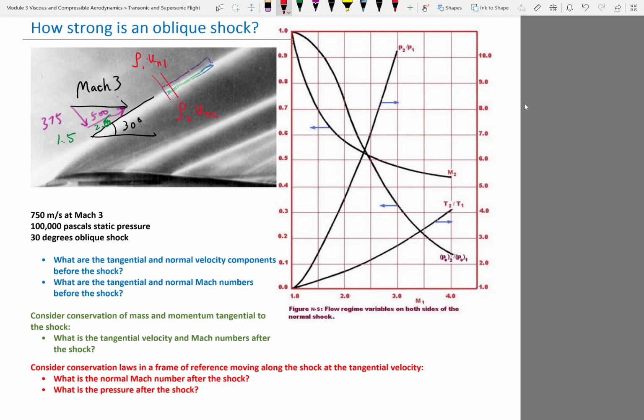So what is the conservation of momentum tangential to the shock? By tangential to the shock, I mean in this direction. What is the influx of momentum in that direction into the control volume?